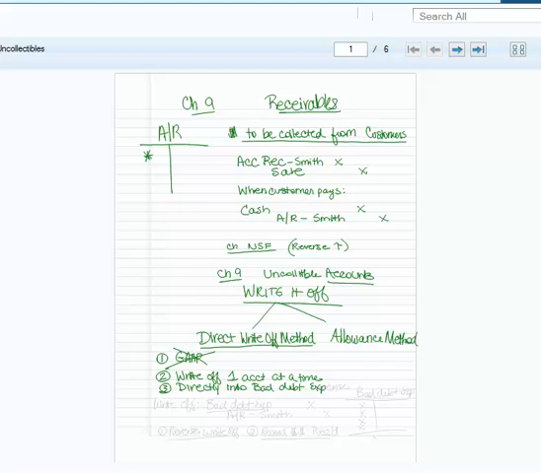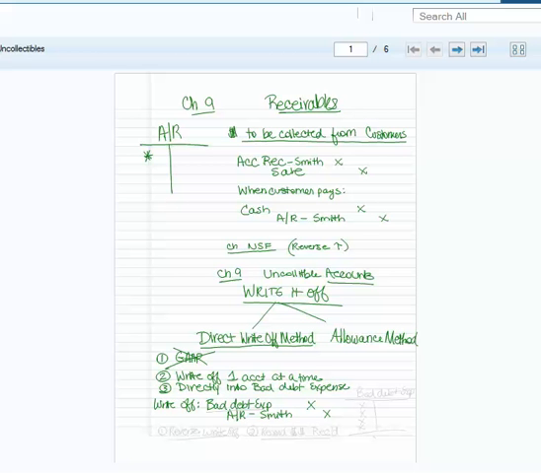Yes. So the entry to write off an account is to debit bad debt expense, and you credit accounts receivable-Mr. Smith as soon as you figure out that Mr. Smith can't pay you that money. You're going to write off his account.